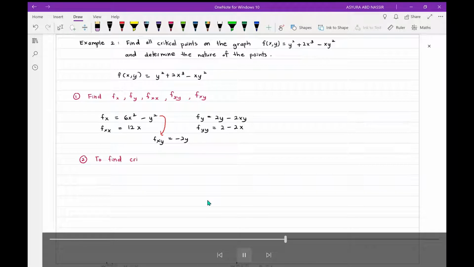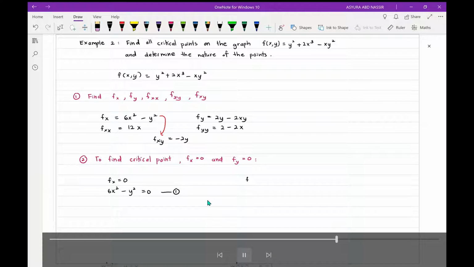Step 2, you want to find the critical points, meaning we will set your fx equals to 0 and fy equals to 0. Fx equals to 0, so you have 6x squared minus y squared equals to 0 as your first equation.